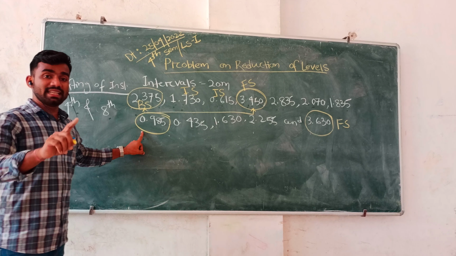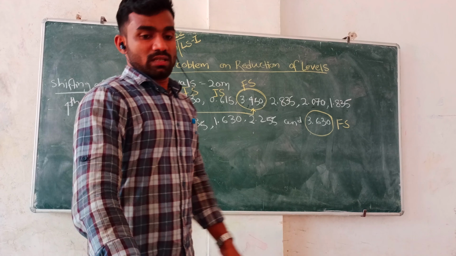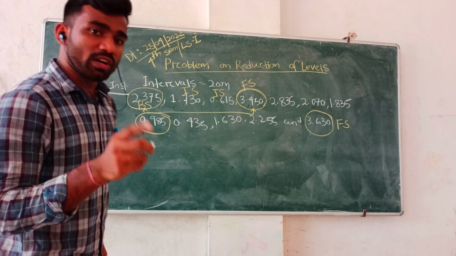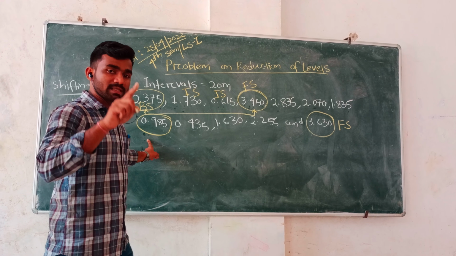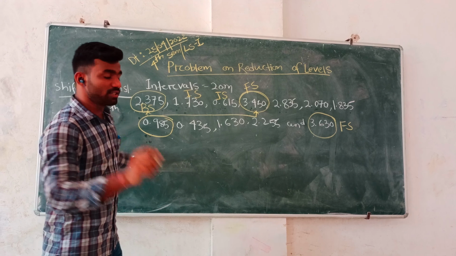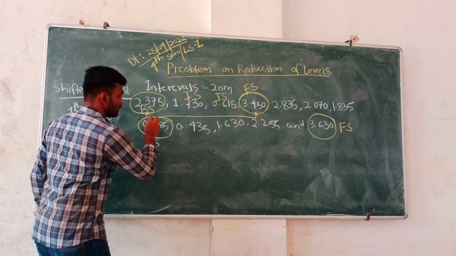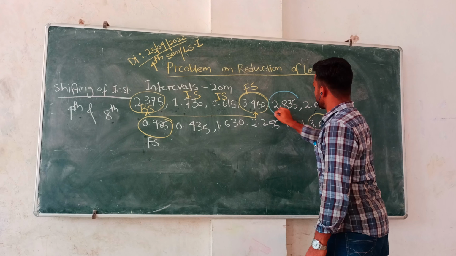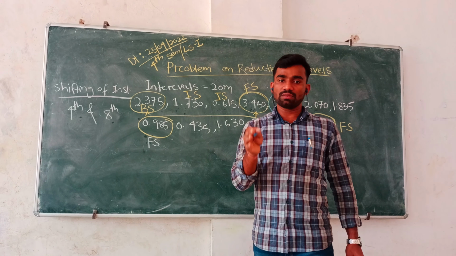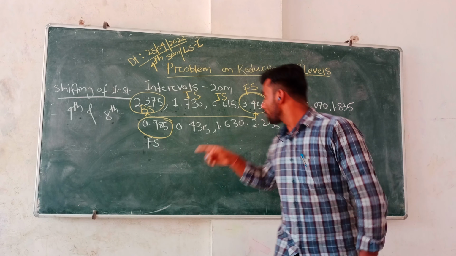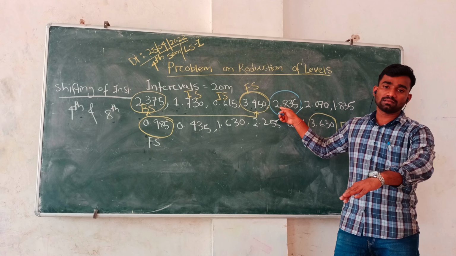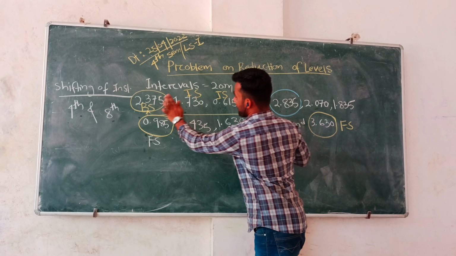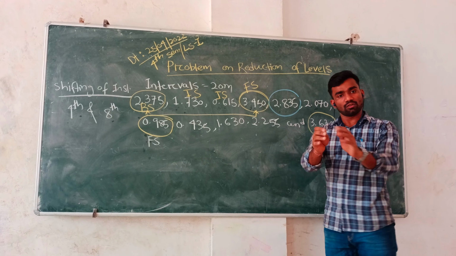After the 8th reading, the instrument is shifted. That is the last point for station 2. For station 2, this 8th reading is the last reading, so it will be the foresight. And this point will be the backsight. After the 4th, if we read the 5th reading, that will be the first point for the new station. This is what the setup data means: backsight, intermediate sight, foresight, over.